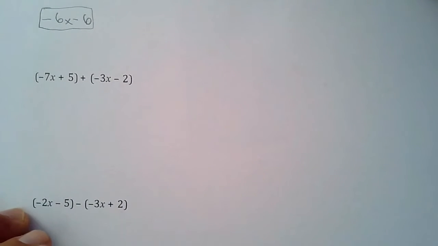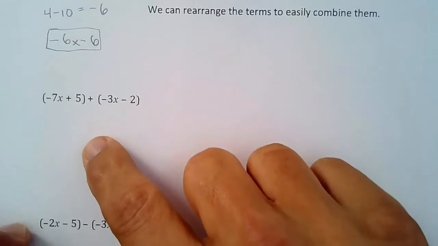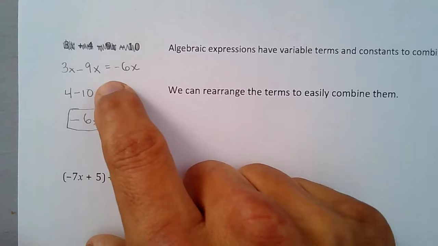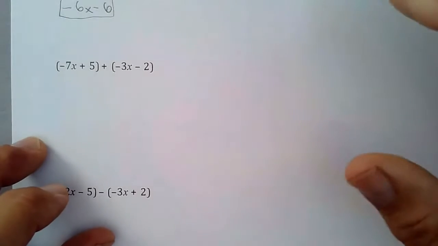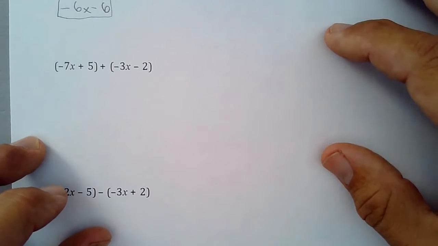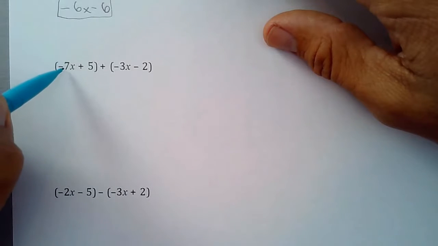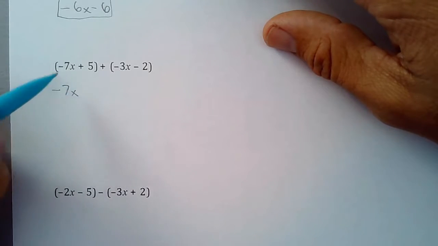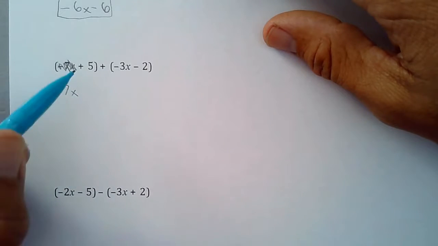Okay, we have this one. Now, this is the same idea as what I was doing up here. We just got parentheses. No big deal, really. I have negative 7x. Okay, take that out.